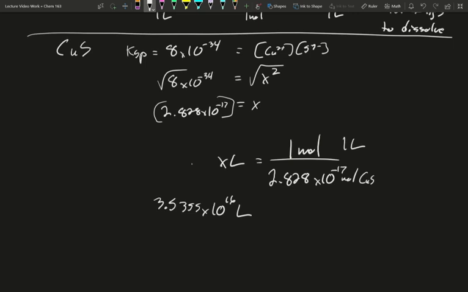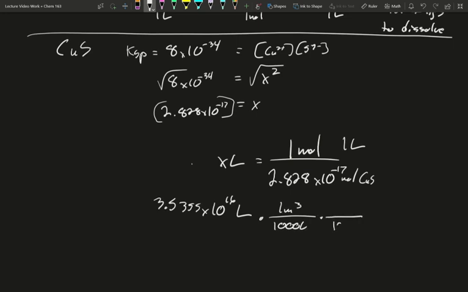10 to the 12 is a trillion. 10 to the 15 is a quadrillion. So we're at 35 quadrillion liters. Let's put that into some perspective. Remember, there's 1,000 liters in 1 meter cubed.